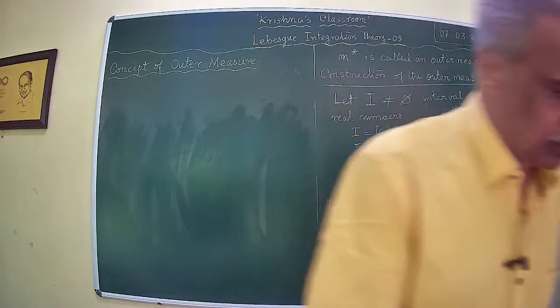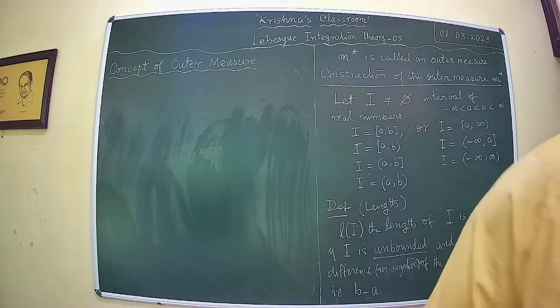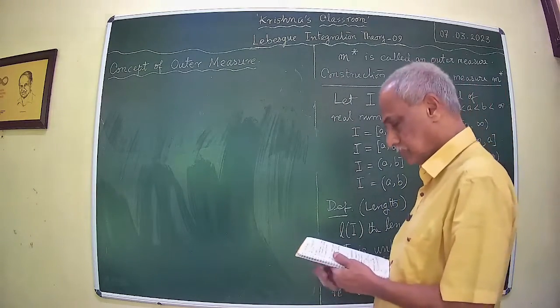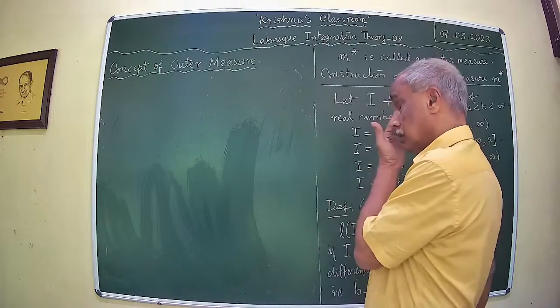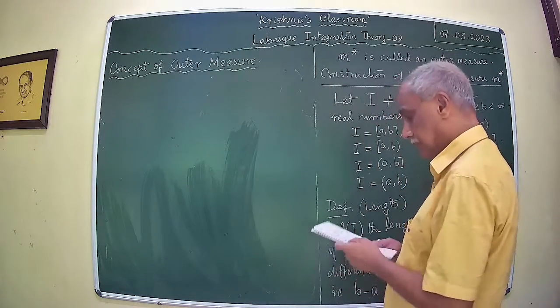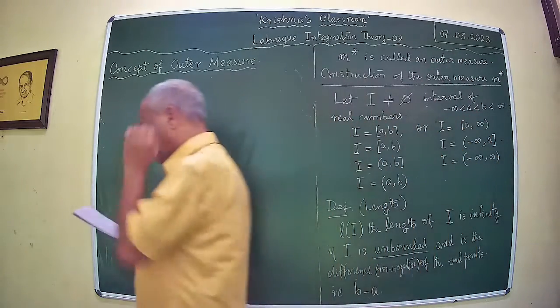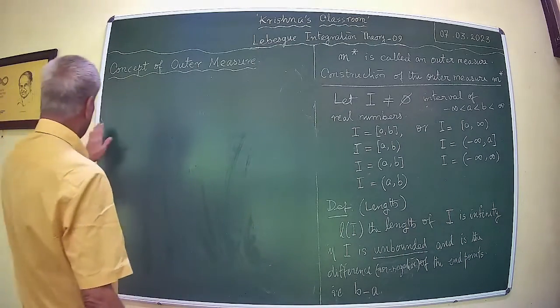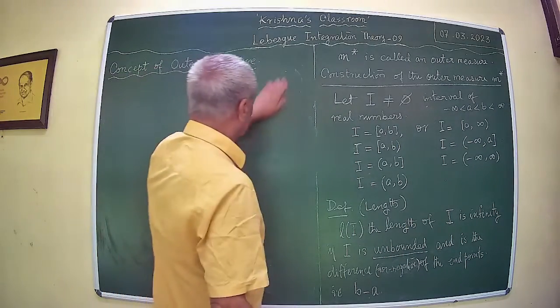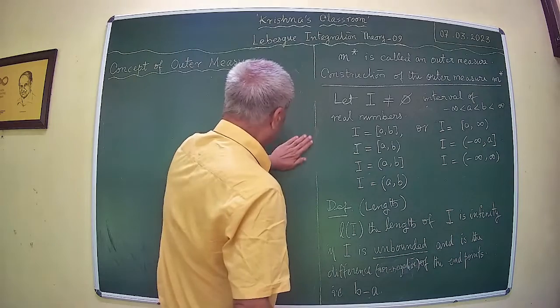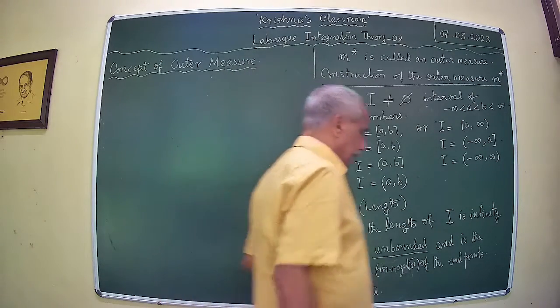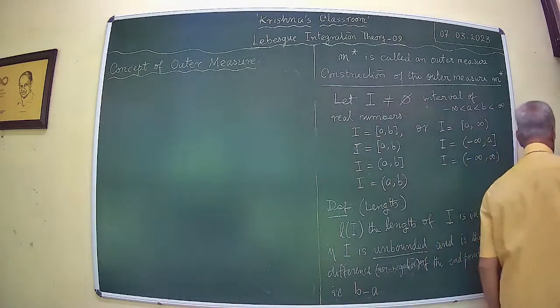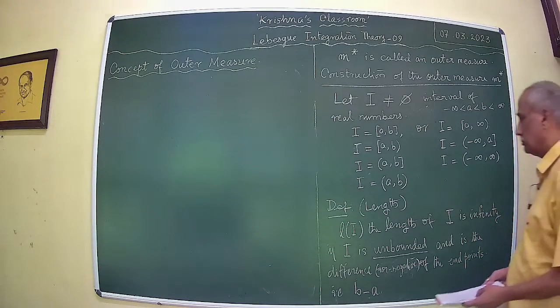The art of doing it is to cover the given subset, or enclose it inside a countable union of open intervals.